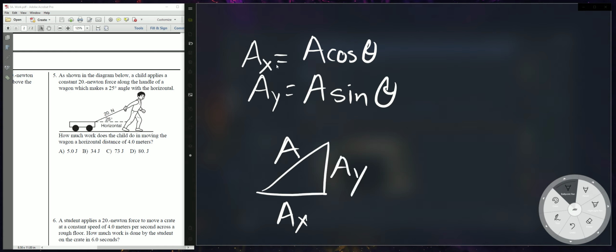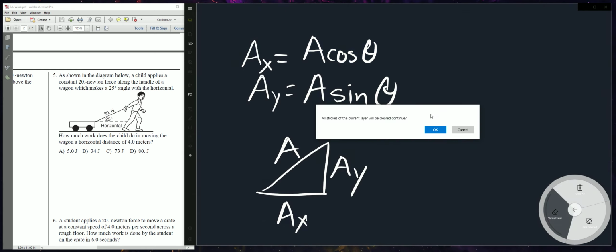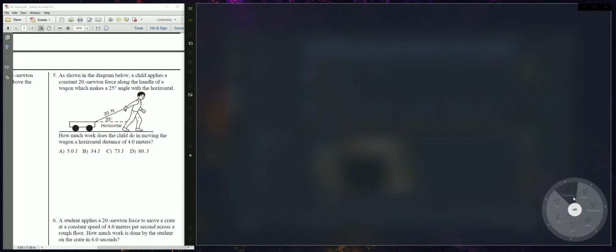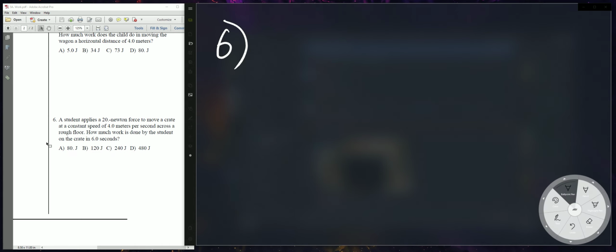It's saying that Ax is A cosine theta, and Ay is A sine theta. This is on your reference table. If you don't want to remember your trig at all, just use the reference table, and the formulas are right there. No memory necessary. The only thing you need to memorize is where to find it on your reference table.